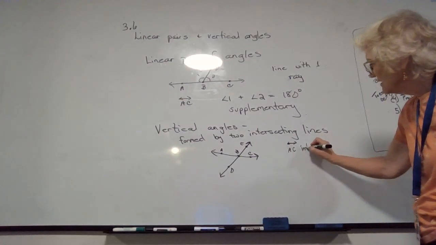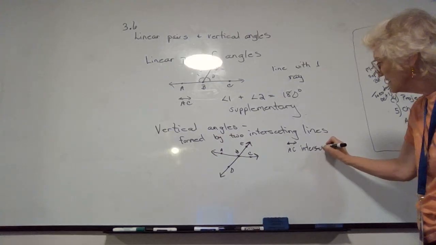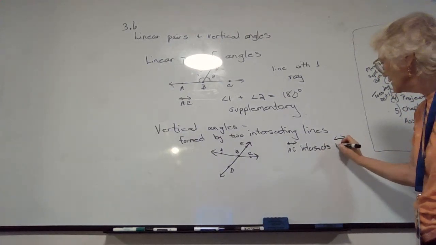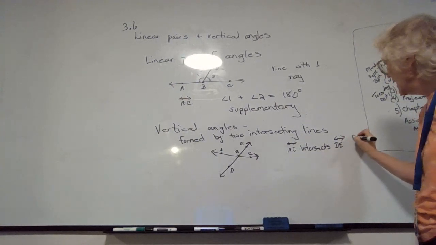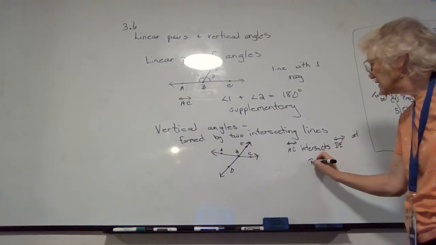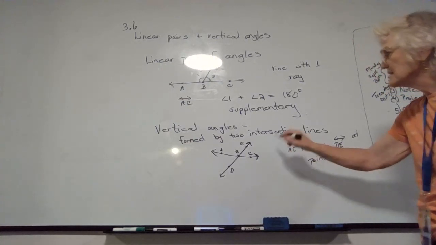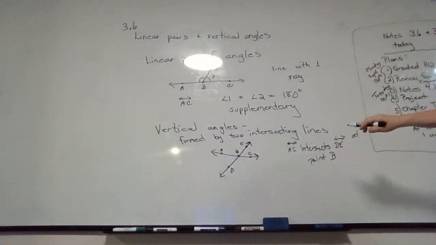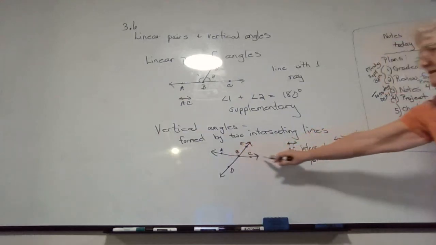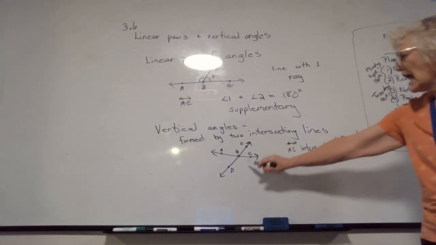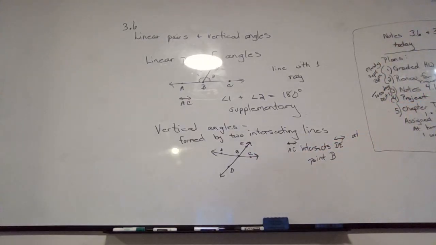AC intersects line DE at point B. So that's what we can say. We have AC, which is this line, intersecting DE at point B. That's all it's telling us. They intersect at point B.